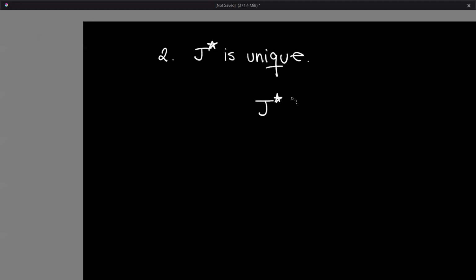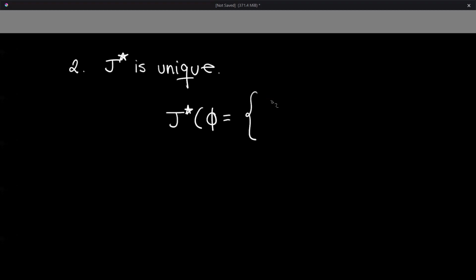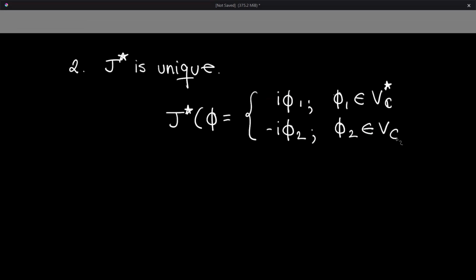So J star of phi, when we defined it in that piecewise way, is i phi 1 if phi 1 is an element of VC star, and minus i phi 2 if phi 2 is an element of VC star bar.